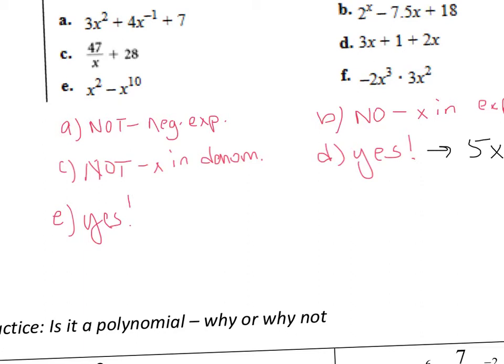And when we look at our 2 terms, x squared and x to the 10th are not like terms, so we can't simplify that at all. We will just leave it as x squared minus x to the 10th, which once again has 2 terms, which would classify us as a binomial.